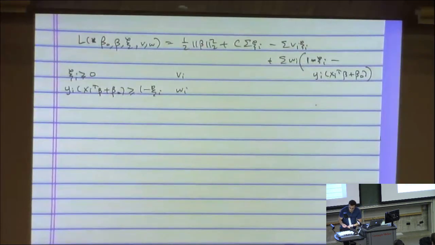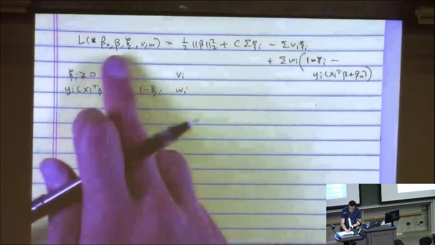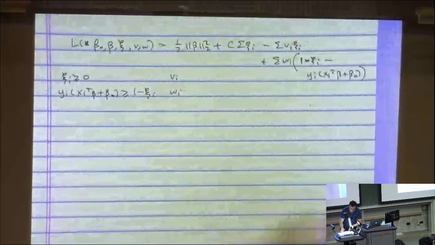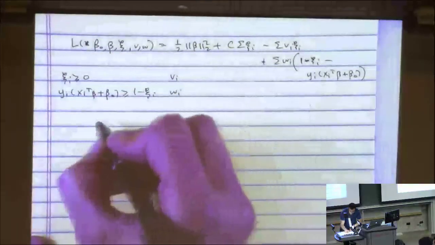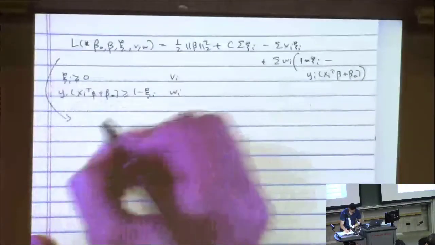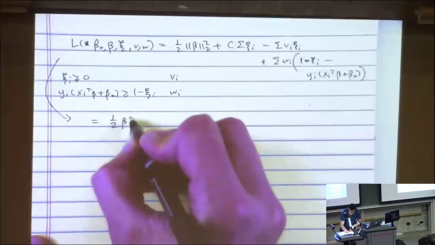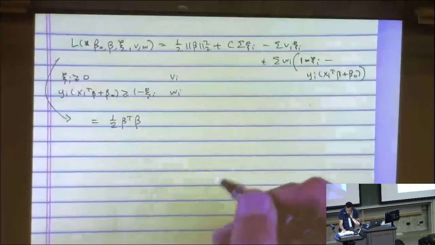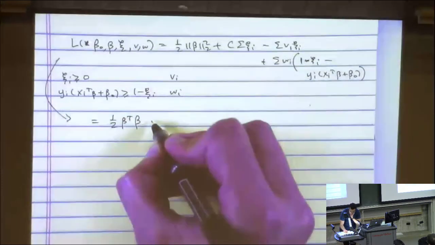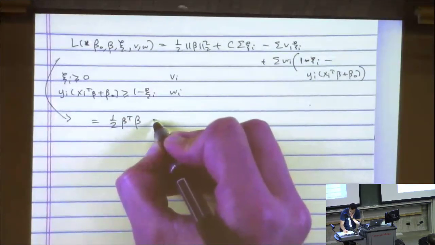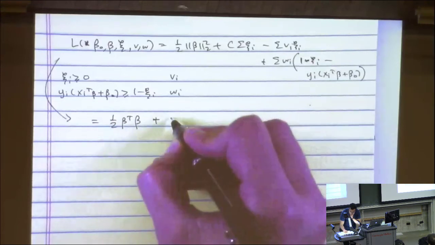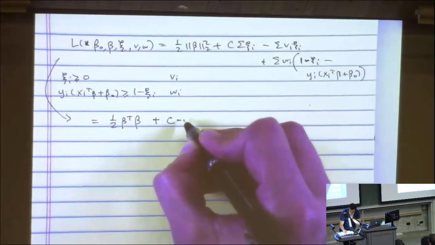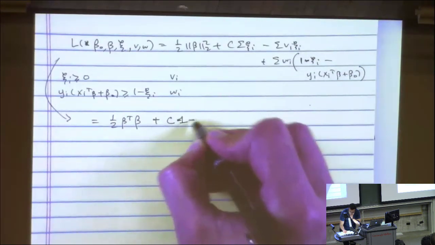We can minimize this out over beta and beta 0 in order to get the Lagrange dual function. The easiest way to do that is to think of everything in vector form. So I'll write this as 1/2 beta transpose beta plus c times the 1's vector minus v.